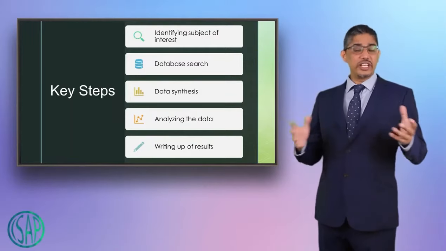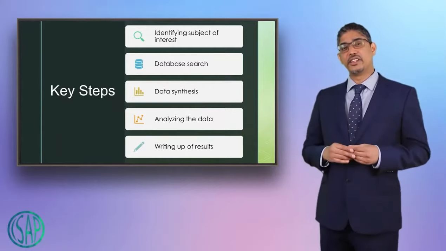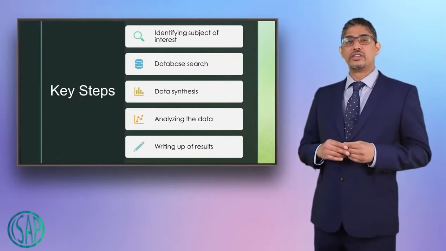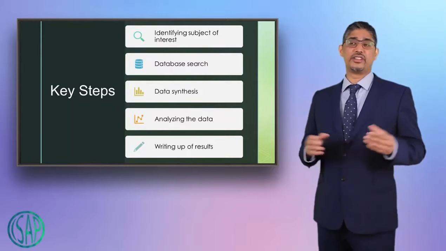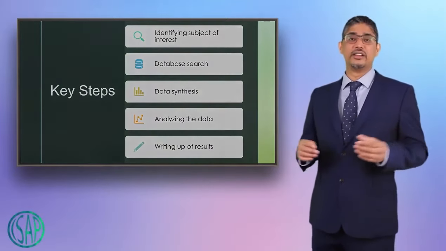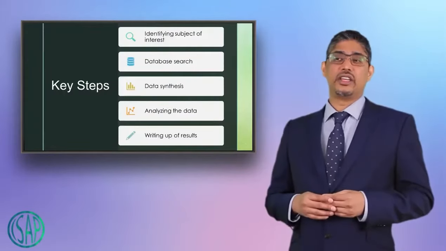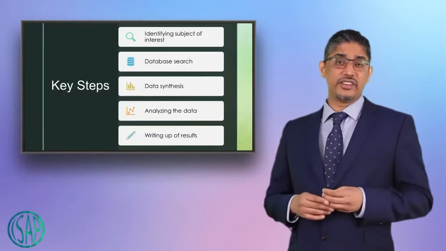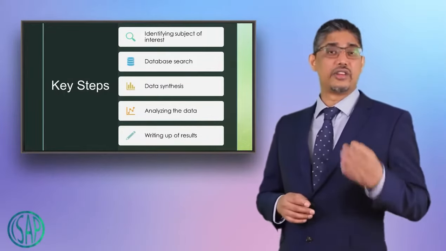And then you do a quality assessment of the included studies. If they pass your quality assessment, then start doing data synthesis. And once you've done the data pooling and statistical modeling, you can analyze the data. And finally, writing about the results. So these are the steps: identifying the subject of interest, database search, data synthesis, analyzing the data, and writing up results.